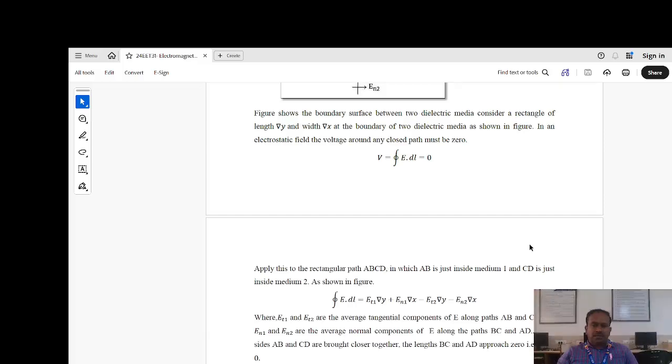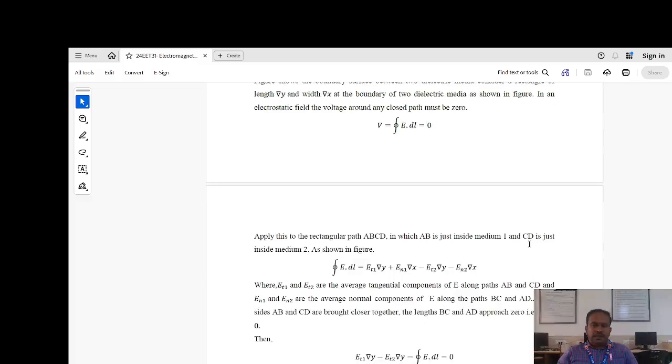Applied to this rectangular path ABCD, in which AB is just inside medium 1 and CD is just inside medium 2, the closed integral of E dot dl equals Et1 del y plus En1 del x minus Et2 del y minus En2 del x, where Et1 and Et2 are the average tangential components of E along the paths AB and CD, and En1 and En2 are the average normal components of the electric field along the paths BC and AD.